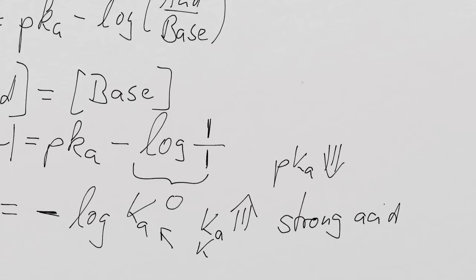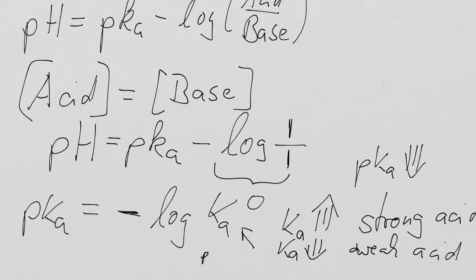Or conversely, Ka is low, it's a weak acid. And if the Ka is low, what is the consequence for the pKa? pKa is high. So here I have a pKa of, as I said, 7. Strong or weak acid? High pKa, low Ka, weak acid.